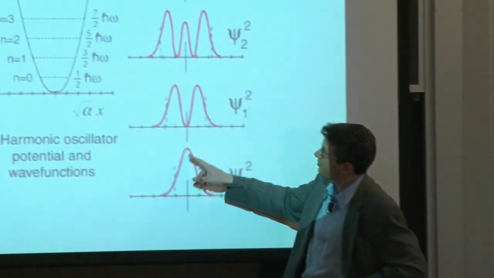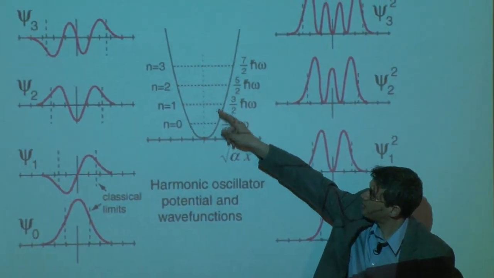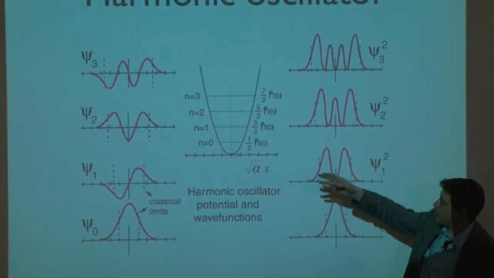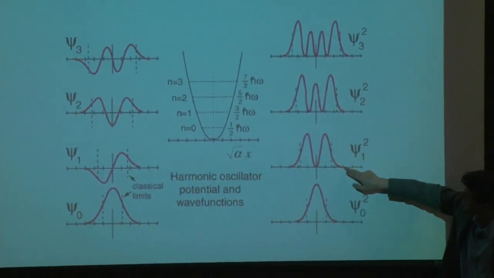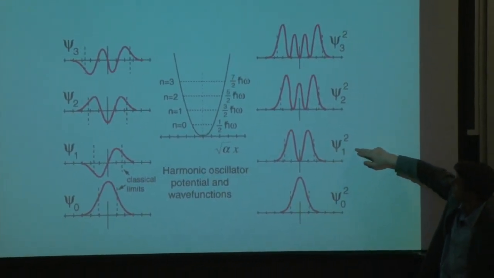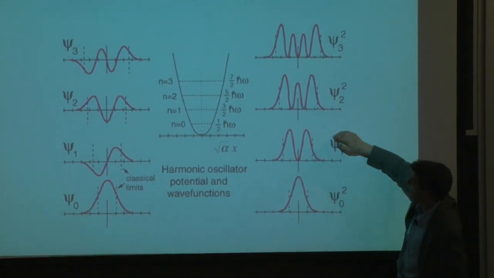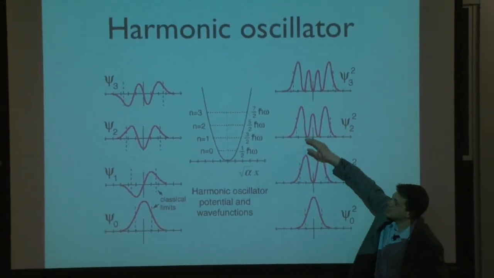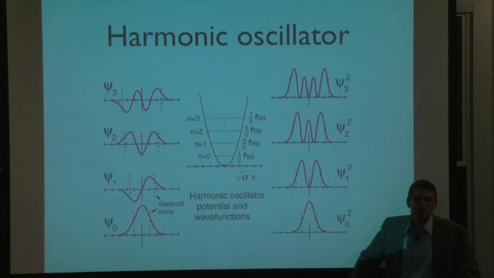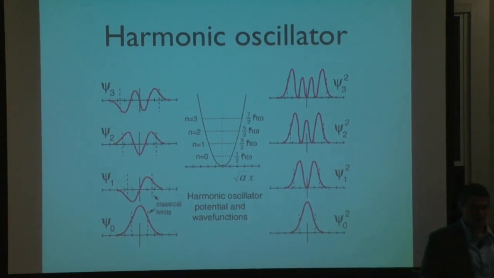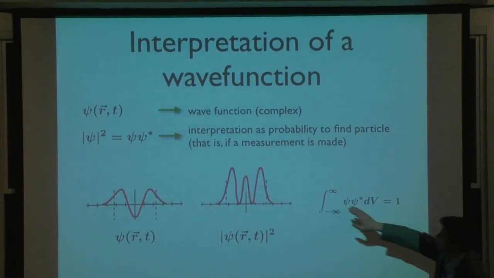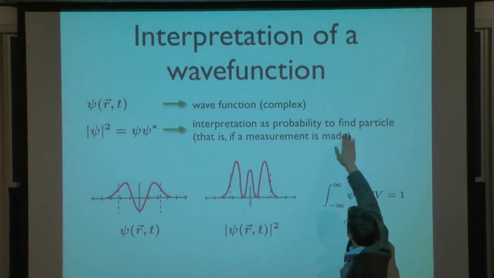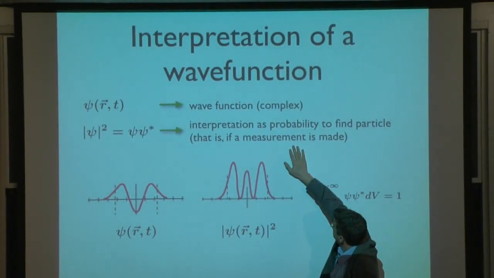So the probability of finding this particle in a harmonic well is going to be largest here, and then almost 0 there. And then it's going to go up again further out. And you have these different solutions that only happen for certain energies. That is exactly what's observed. So the psi squared is the probability to find a particle.